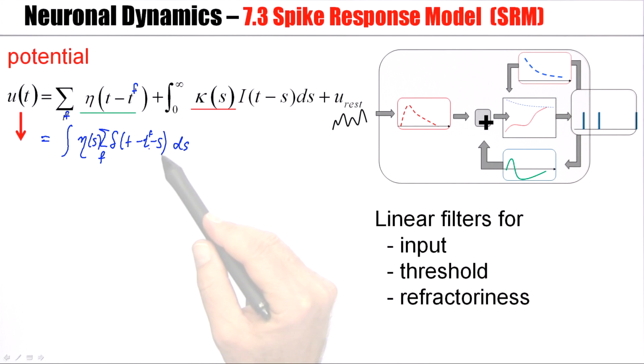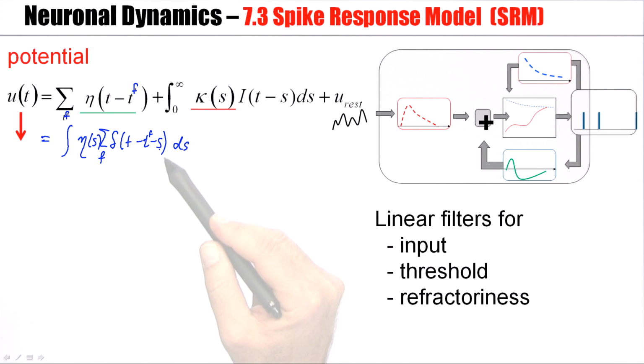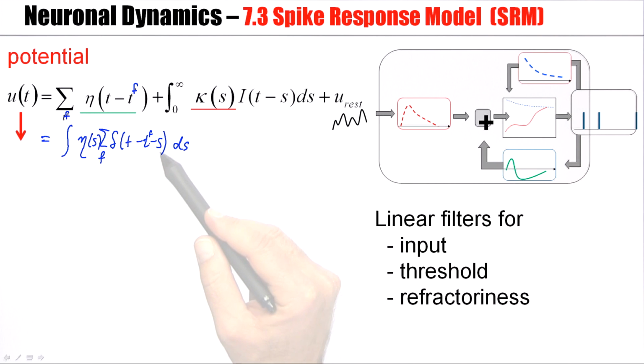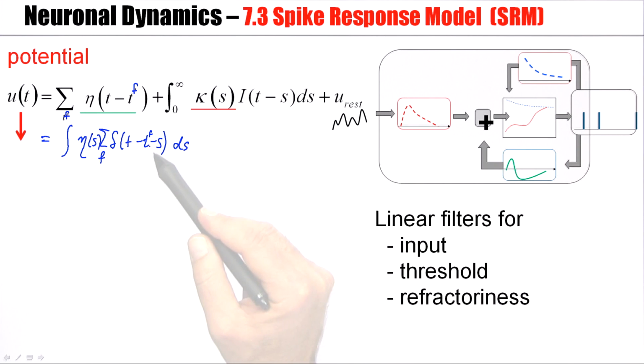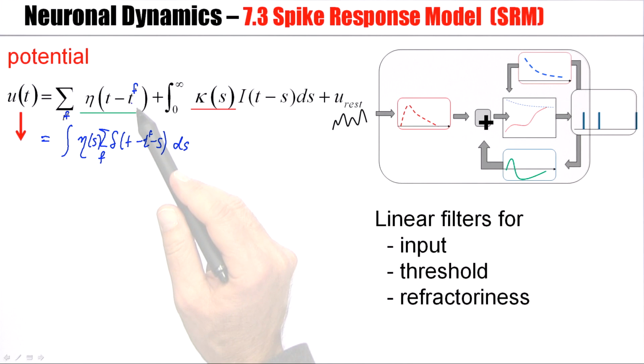So I have here the Dirac delta function. I will integrate over s. Thus, the argument after the integration, t minus t^f minus s, that means whatever is not s, that is t minus t^f, has to be inserted where we had the s before. And so we are back to this term here.